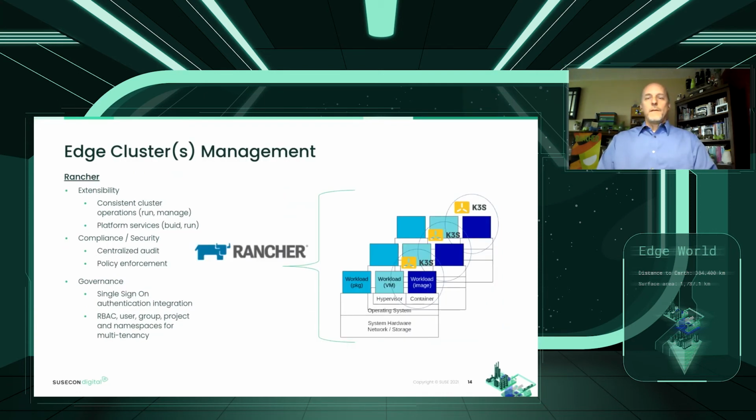Okay, now let's scale that up again, right? We talked about K3S and Kubernetes, and that's how you orchestrate the workloads on a single node or a single small cluster of nodes. But if you go up to the next layer, the tool called SUSE Rancher gives you the ability to do multi-cluster management. So now that ecosystem that's thousands of nodes across the globe, doing all this stuff in different ways, shapes, and forms, we have a consistent cluster operations management interface where I can run and manage workloads and maintain the clusters.